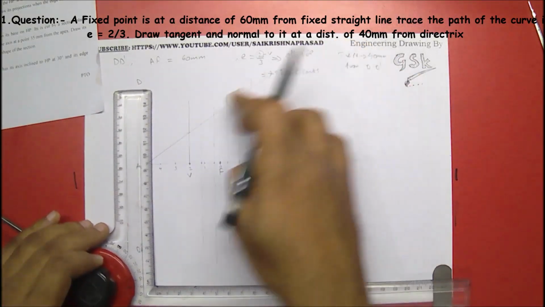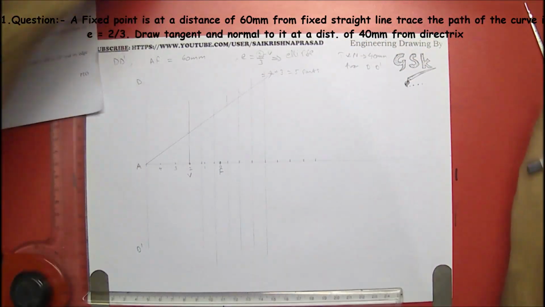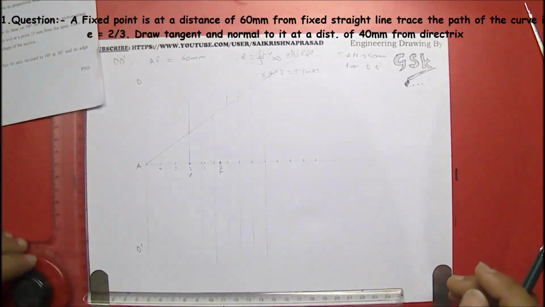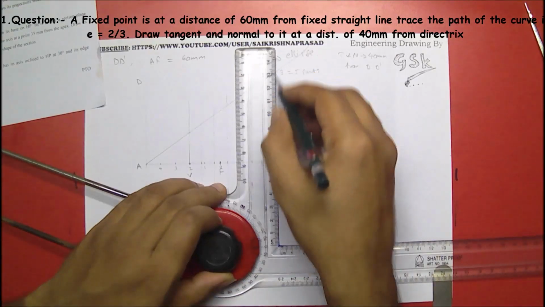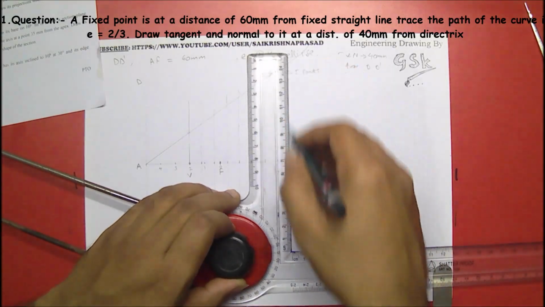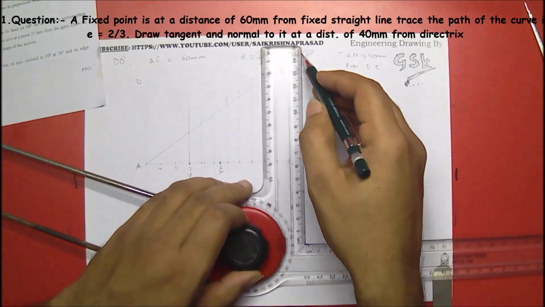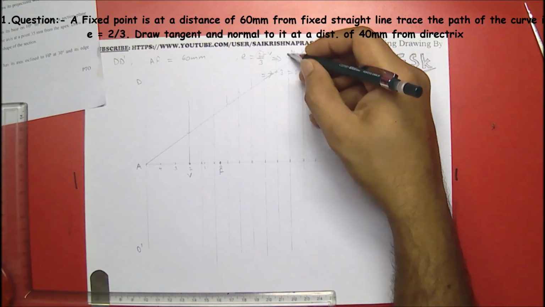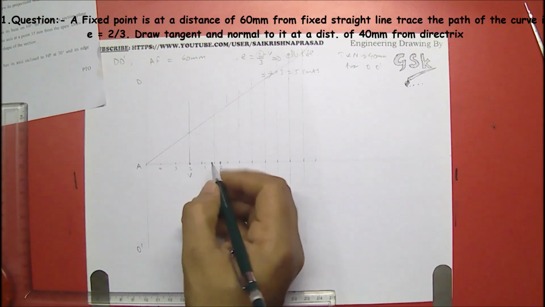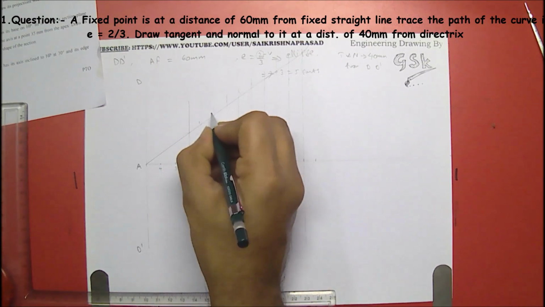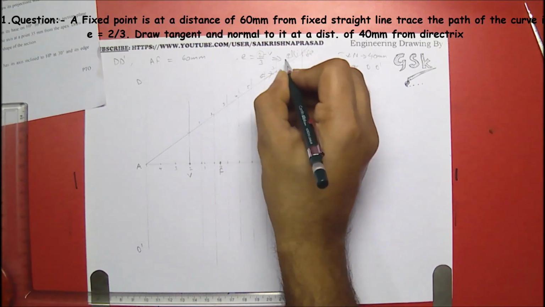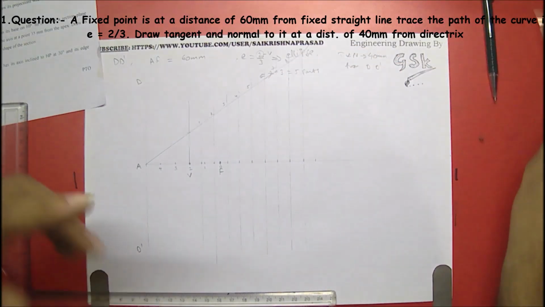The array will be going on until we finish the focus and finish the ellipse. So let's name them 1, 2, 3, 4, 5, 6, 7, 8 and 9 and so on.